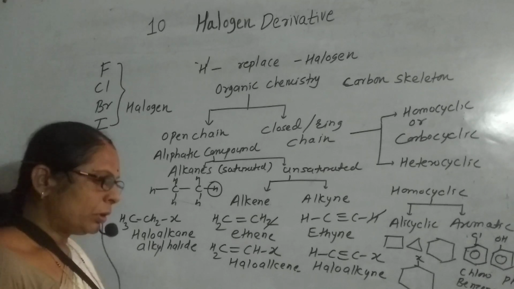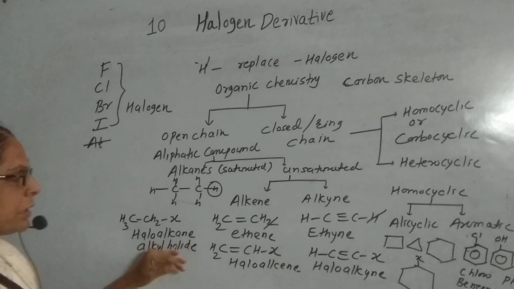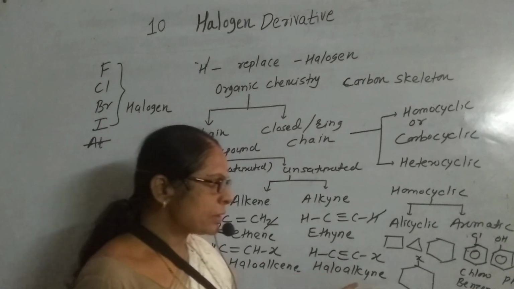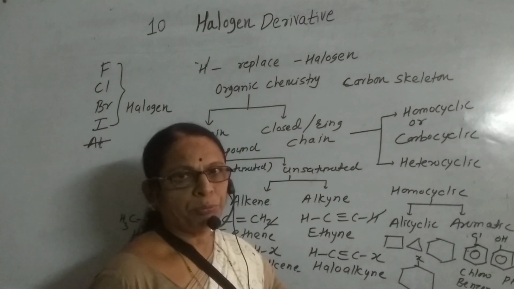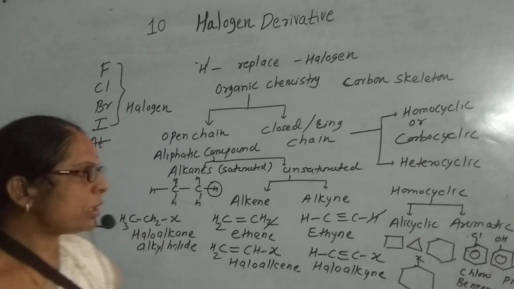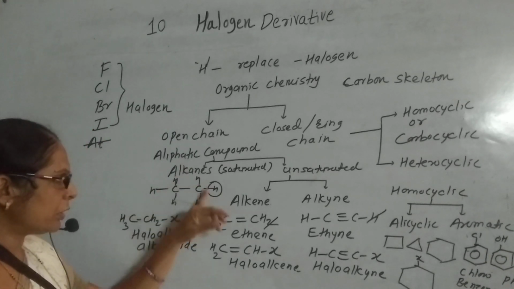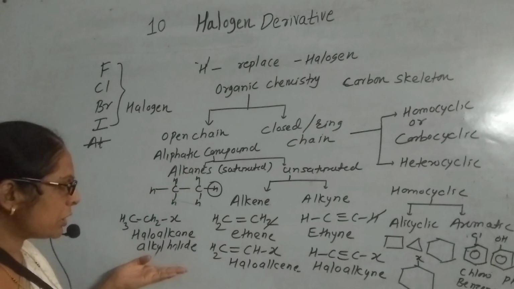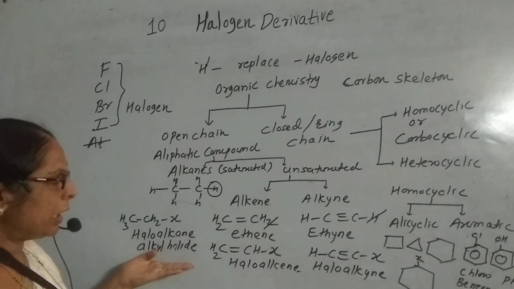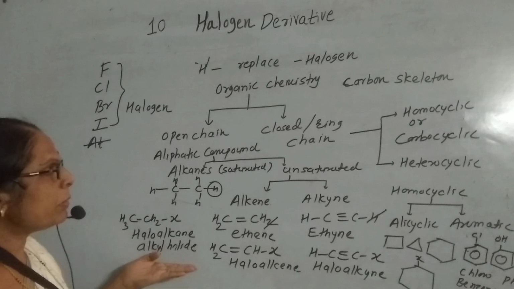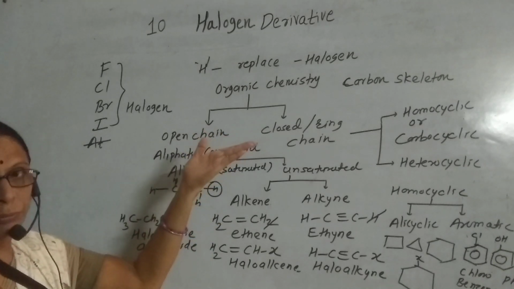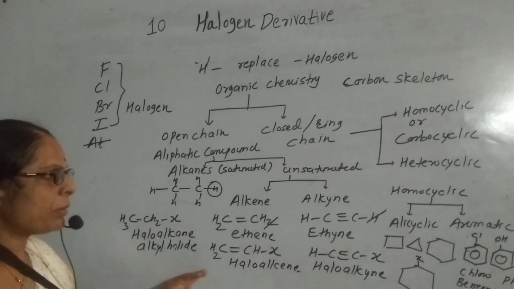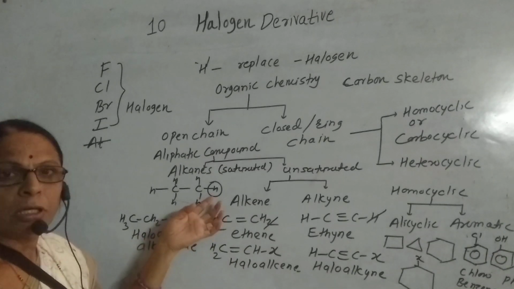Now when I consider haloalkanes, haloalkenes, haloalkynes or aryl halides, the halogen is attached to whatever carbon skeleton. So this is a classification of halogen derivatives on the basis of the carbon skeleton, because the halogen is the same. Suppose all halogens are chlorine.